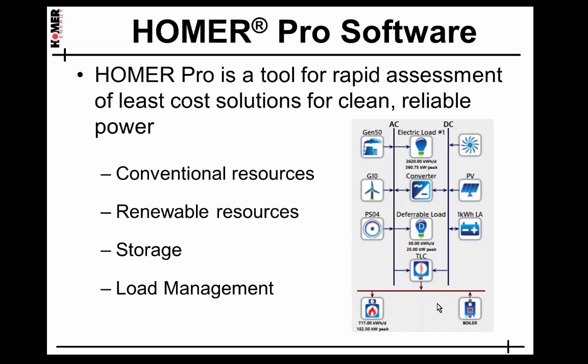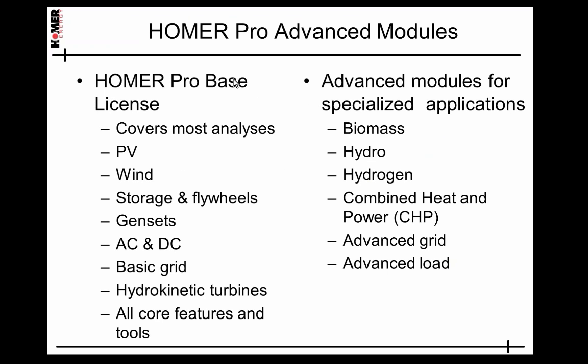As you can see here on this slide, here's a schematic that shows you a spread of conventional resources, such as diesel gensets, with renewable resources like PV and wind, along with storage like flywheels or batteries, and some load management. The basic version of HOMER Pro contains most of the features that you'll need for your typical analysis.